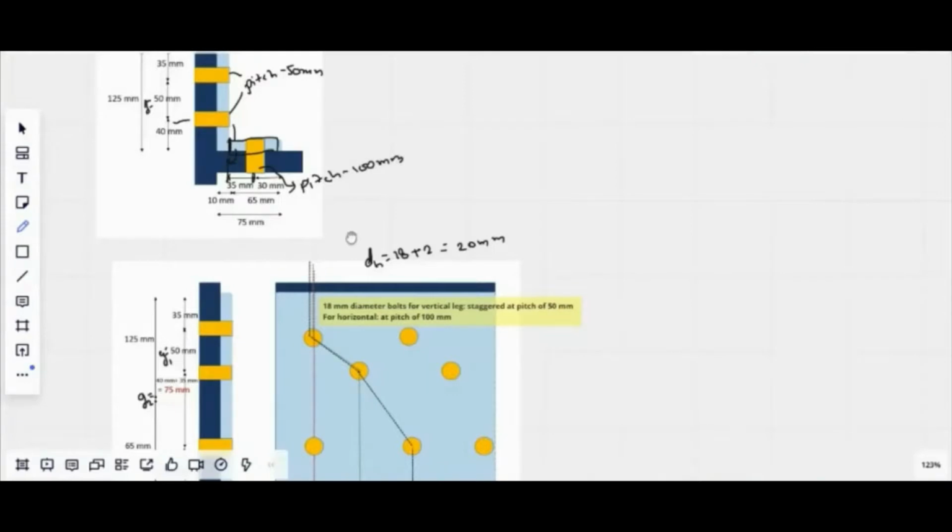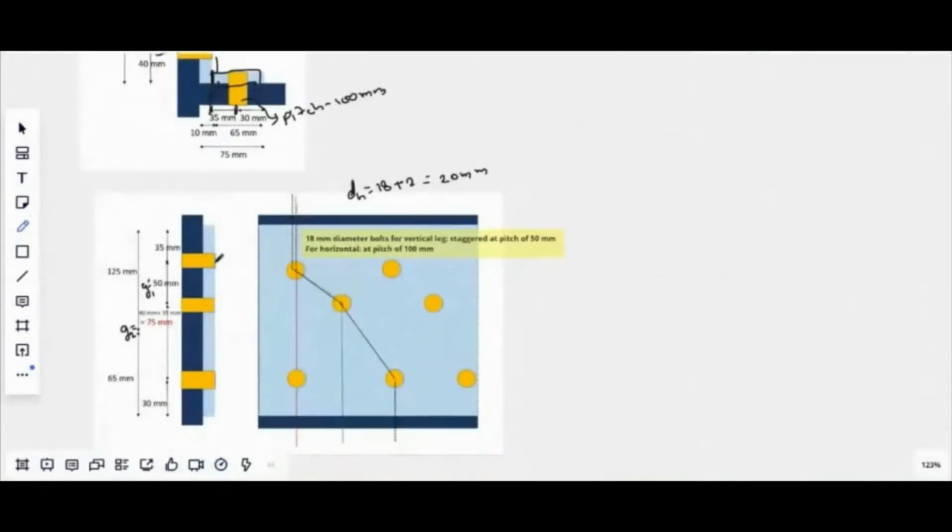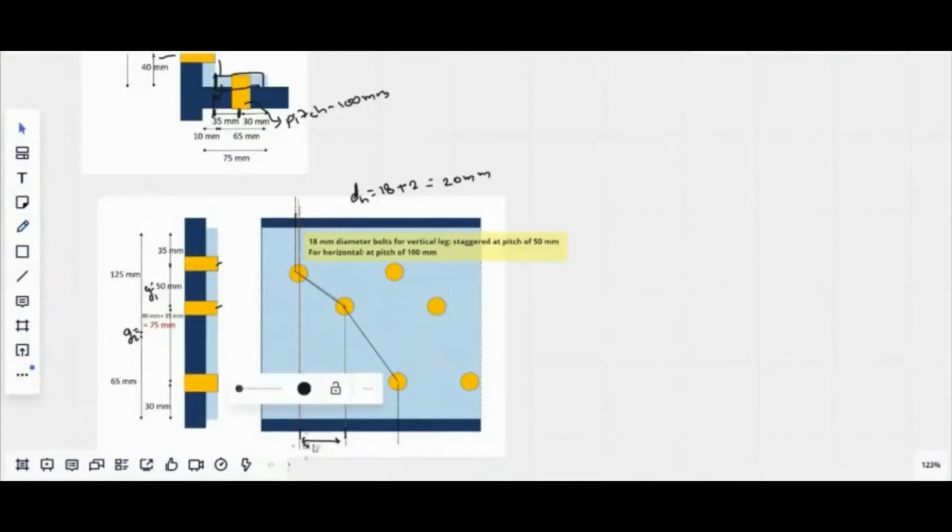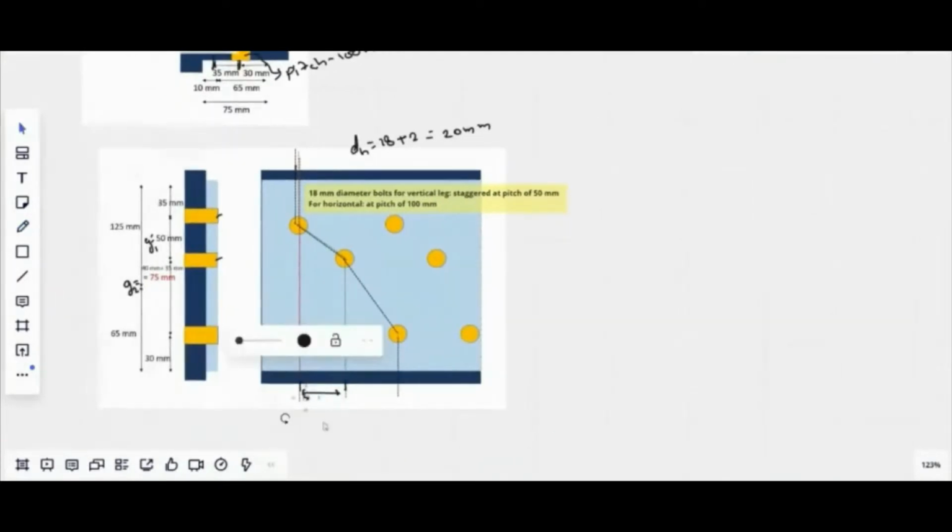So when we elaborate the case for the two bolts which are vertical, placed at a pitch of 50 mm, and the bolts for horizontal, the bolts for horizontal have a pitch of 100 mm.